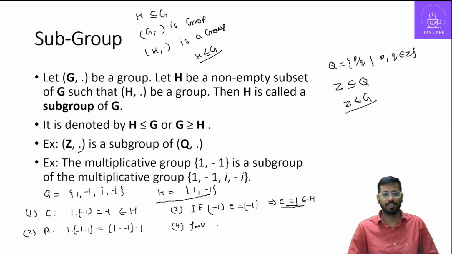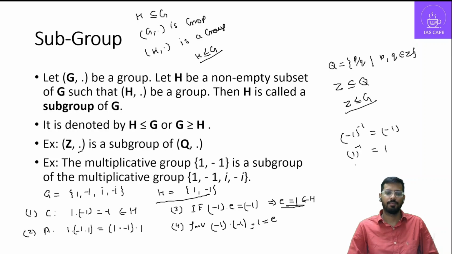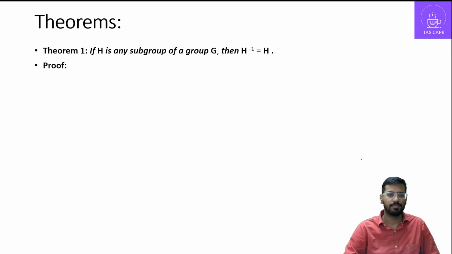For the inverse, if we check -1 · -1, that is equal to 1, which is the identity element. So here -1 is the inverse of -1. Similarly, 1 is the inverse of 1. So all four basic properties of a group are satisfied in this set H. Then we will call it a subgroup of this group G.